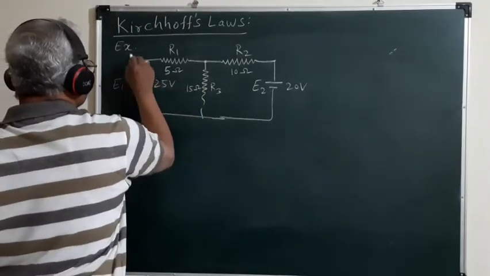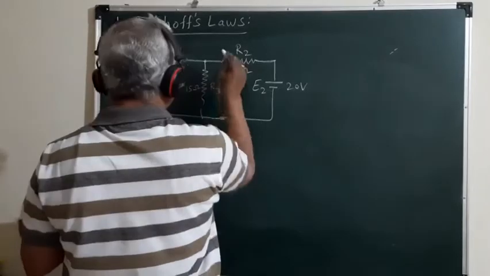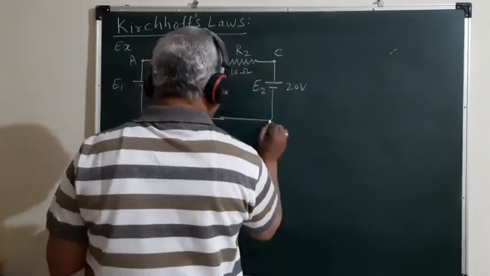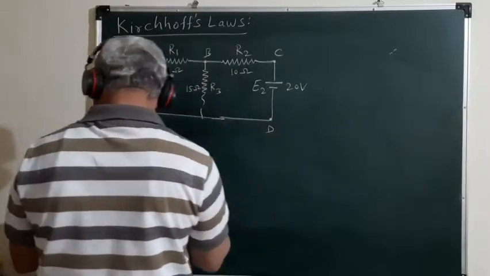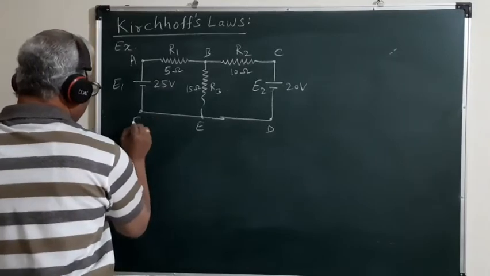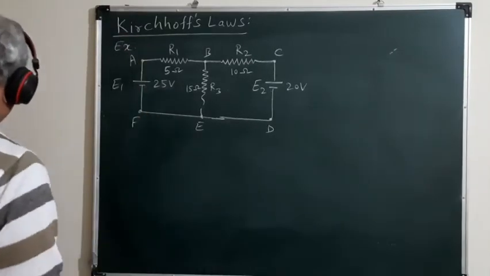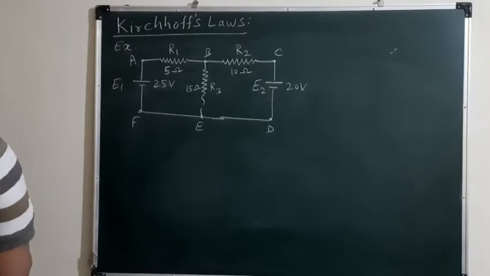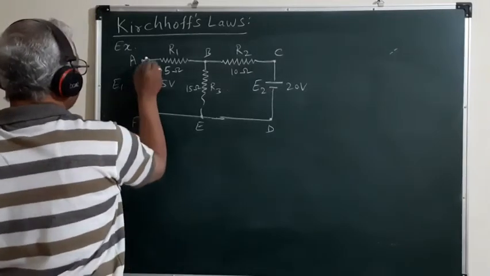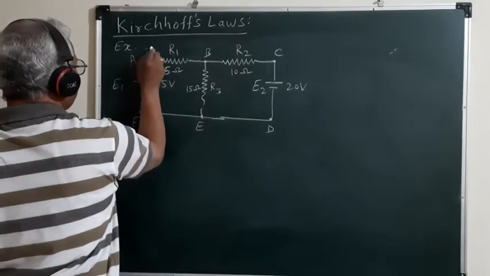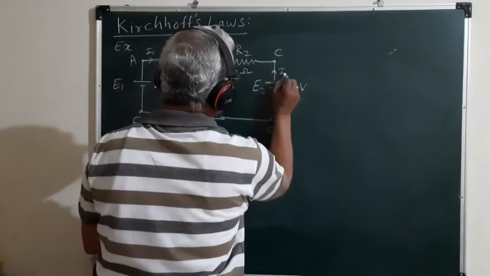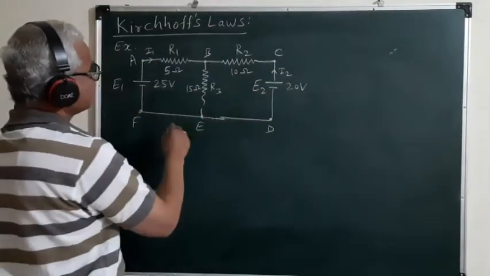So these are the junctions A, B, C, D, E, F and A. Let us consider the current I1 is sent by the source E1, and the current I2 is sent by the source E2 in the circuit.